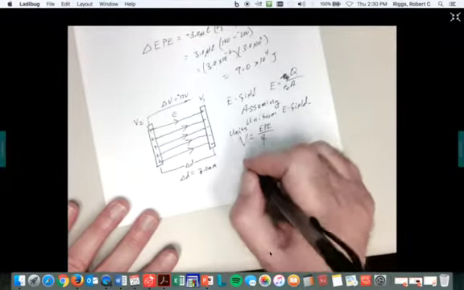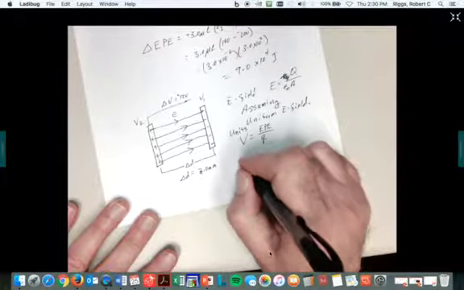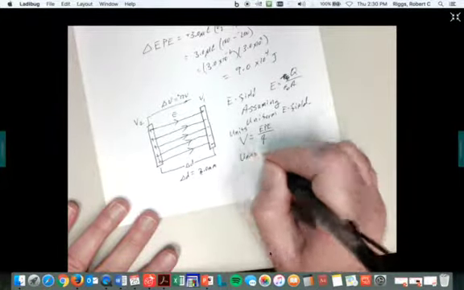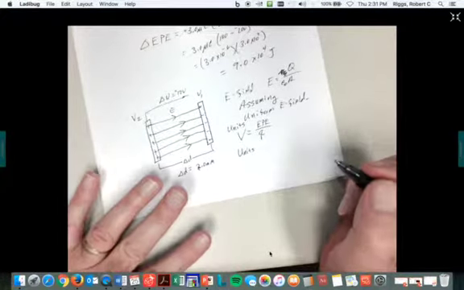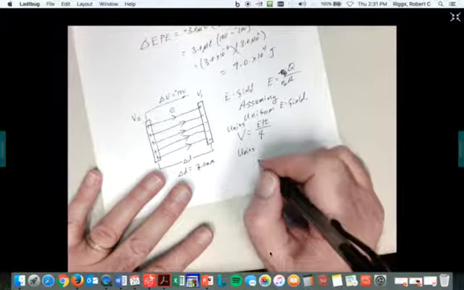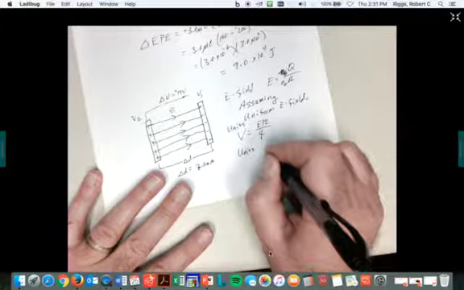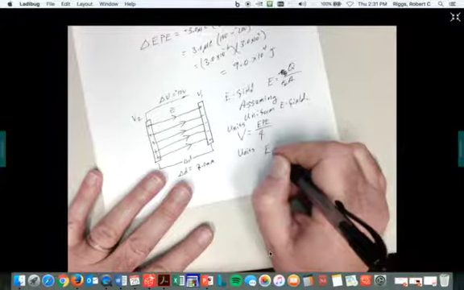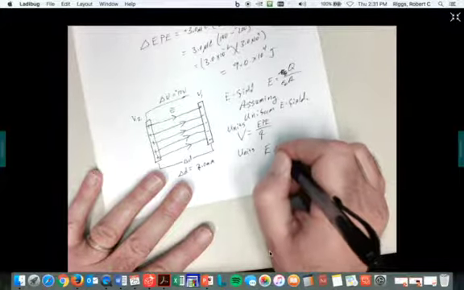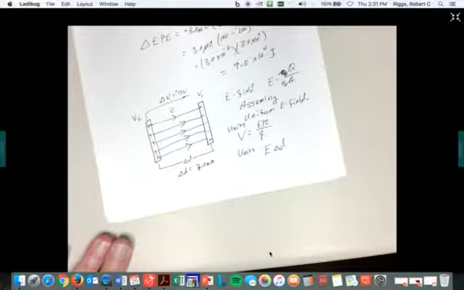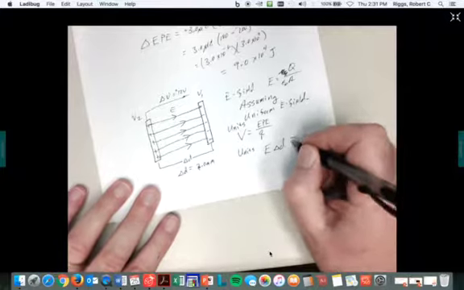Here's another way to represent voltage. Another thing for volts is that it's equal to the electric field E times the distance that we travel along that uniform electric field.